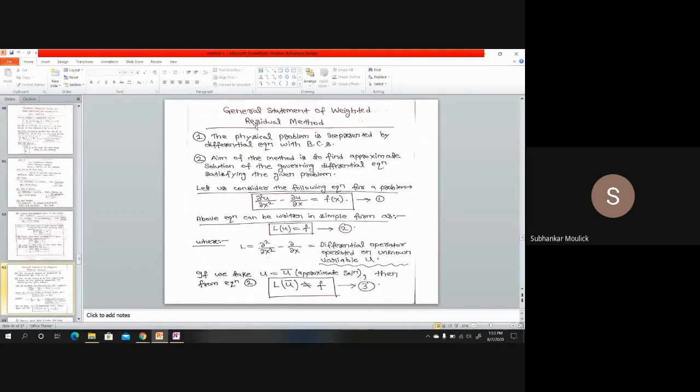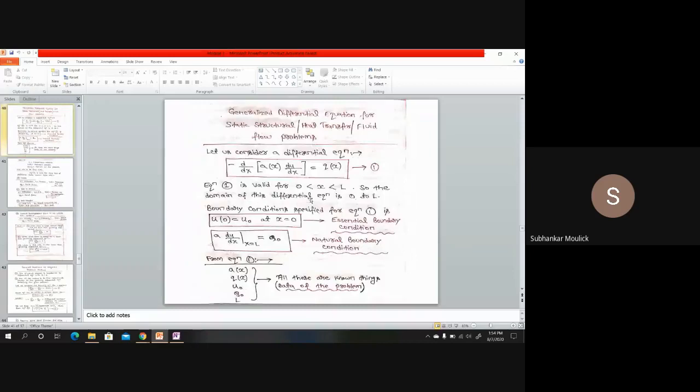So what is my weighted residual method? In the weighted residual method, the first step is the physical problem is represented by a differential equation with boundary conditions. You have to represent the given problem with the help of a given set of differential equations with the boundary condition.